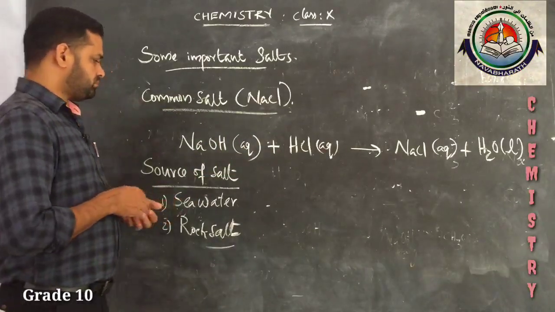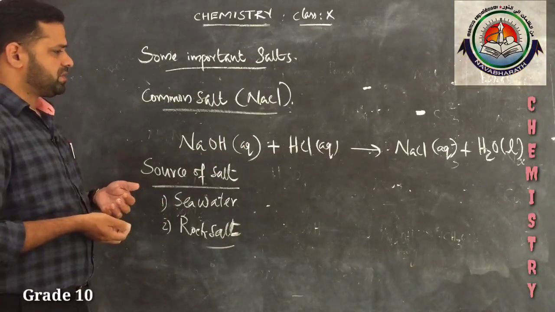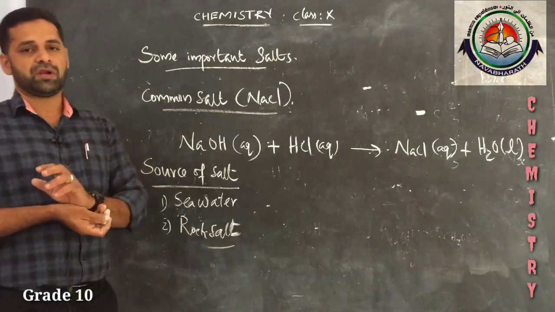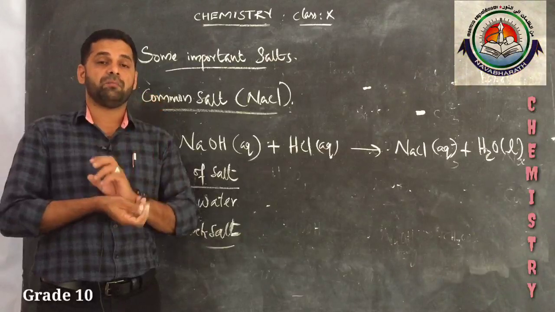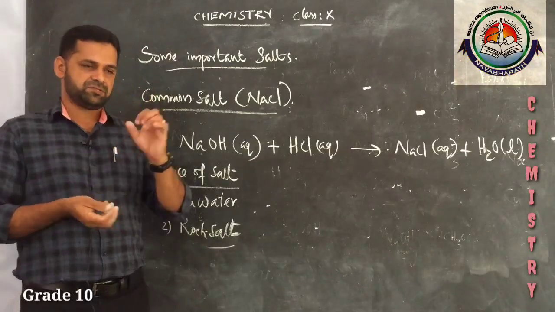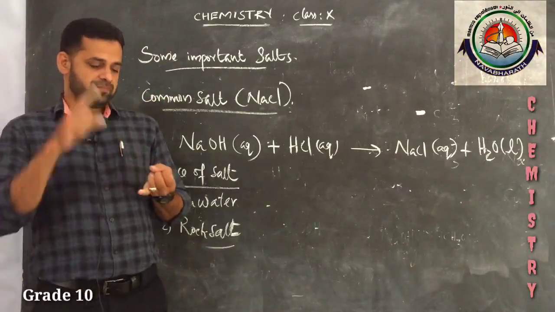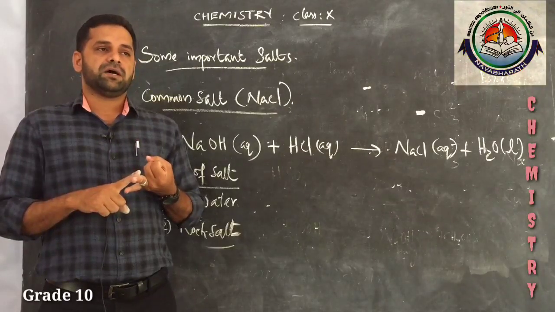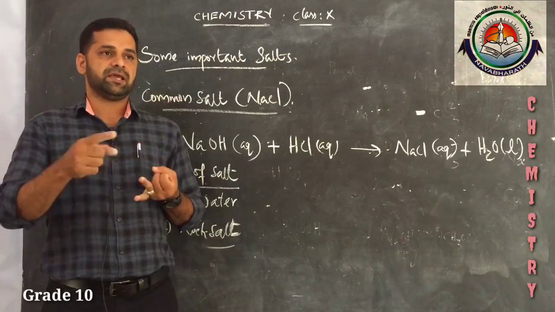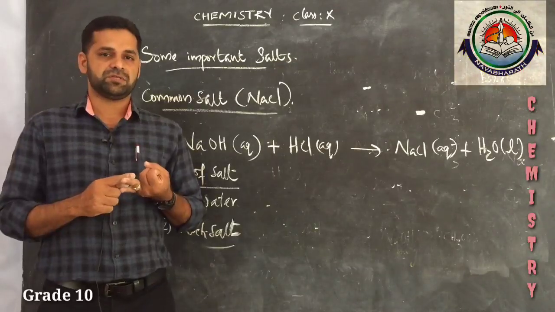Now, what is the use of this sodium chloride? Sodium chloride is an important component of food. That is the first one. It is used in preservatives, just like in pickles we are adding this salt.